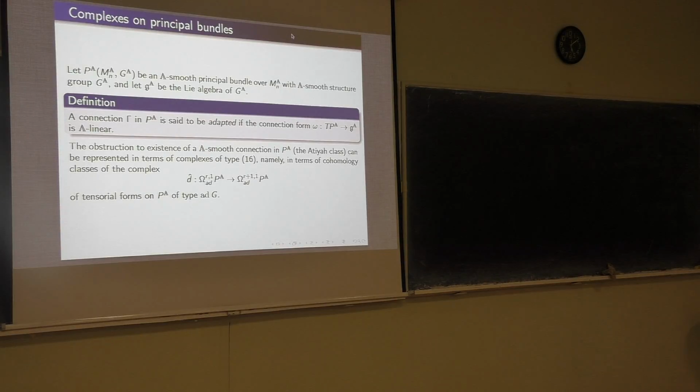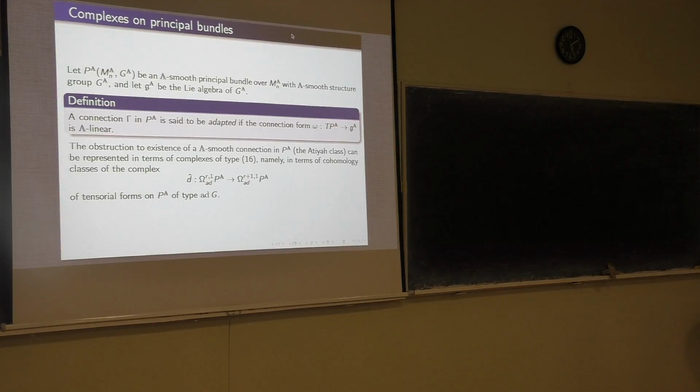And now let us consider the principal bundle, a smooth principal bundle over a manifold over algebra A with a smooth structure group GA.